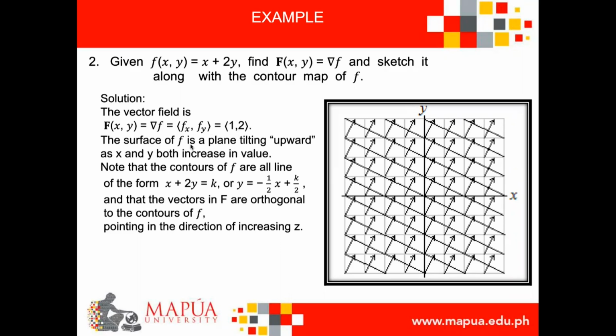Then the surface of f is a plane tilting upward as x and y both increase in value. In other words, the contours of f are all lines of the form x plus 2y equals k, or y equals negative 1/2 of x plus k over 2, and the vectors of gradient f are orthogonal to the contours of f, pointing in the direction of increasing z.